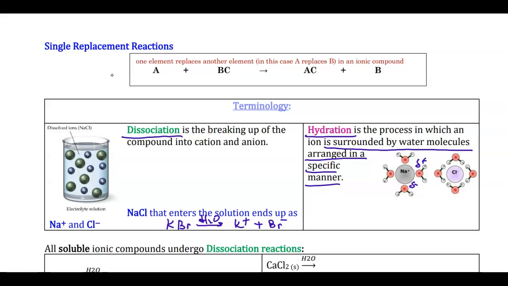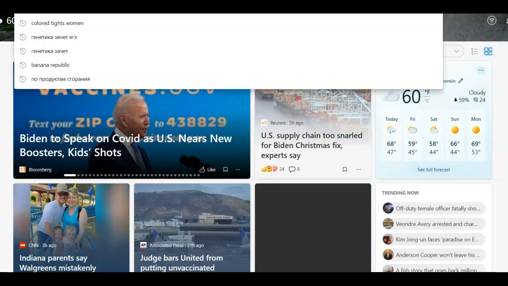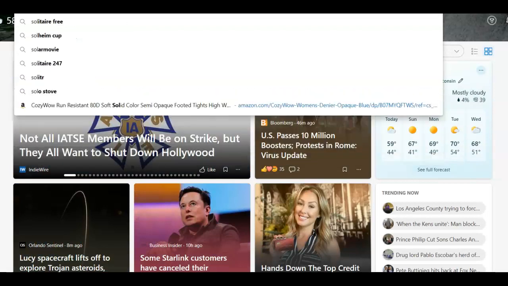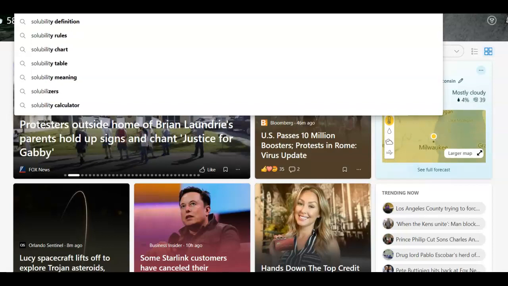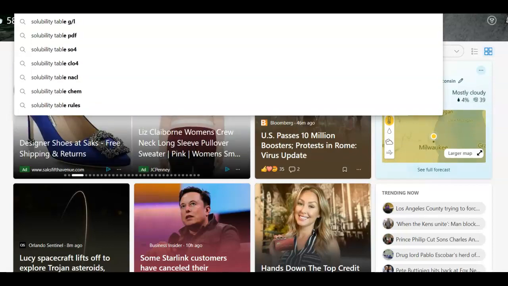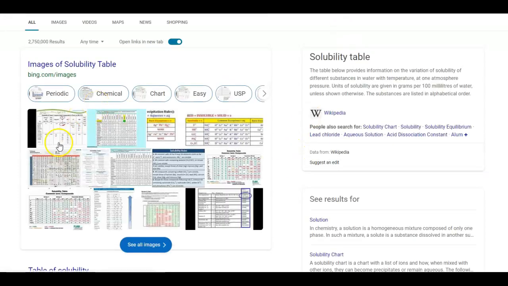So, for example, let me Google it. I do not have it right now. Solubility table. Okay, a solubility table like this, right?